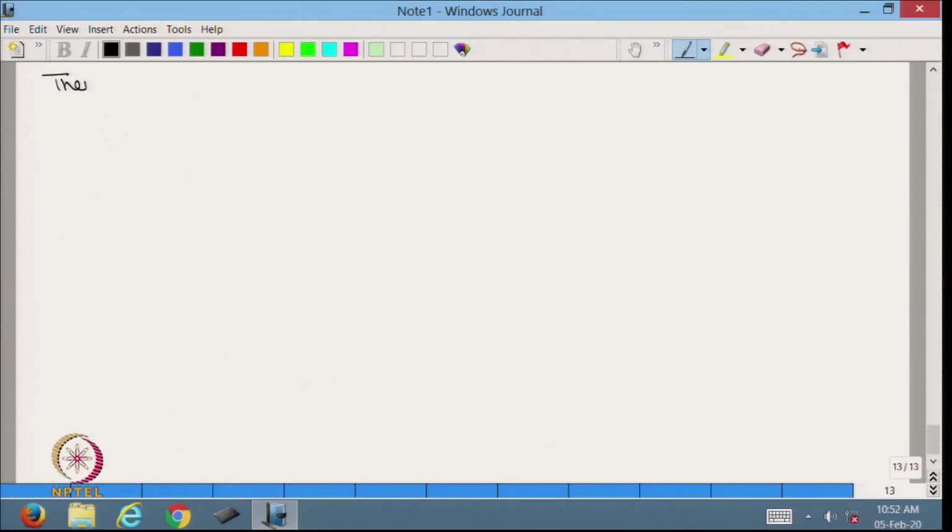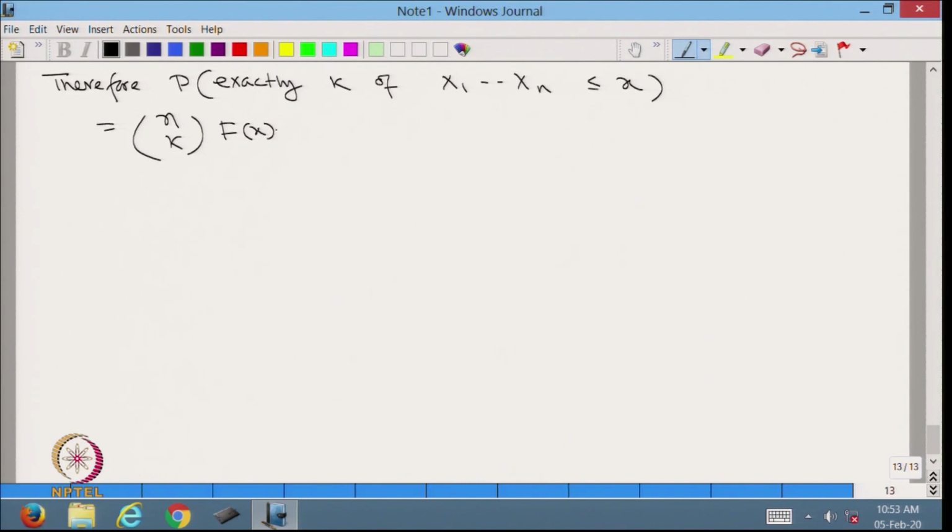Therefore, probability exactly k of X1, X2, ..., Xn less than or equal to x is equal to nCk F(x) to the power k (1 minus F(x)) to the power n minus k.